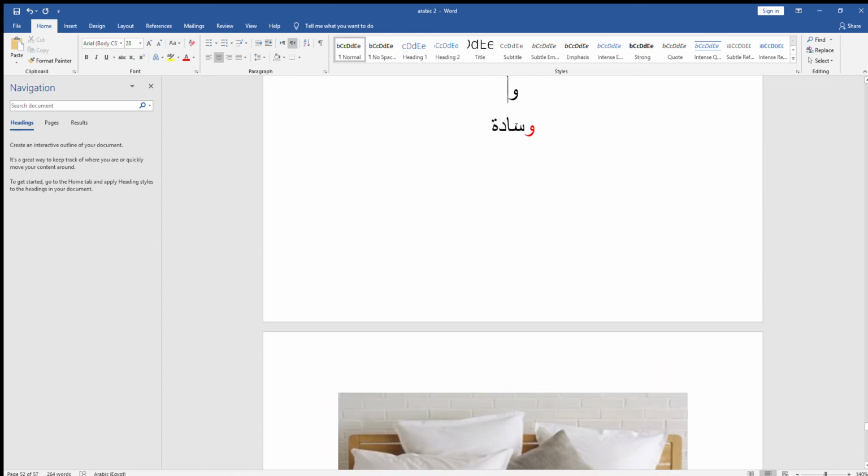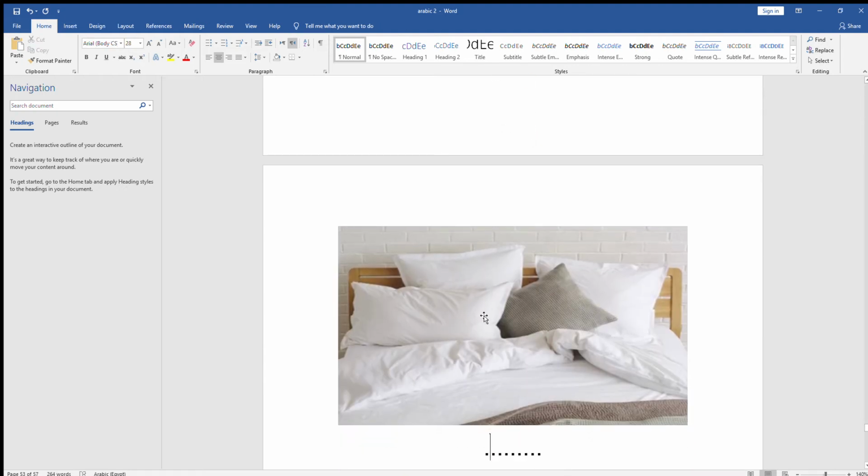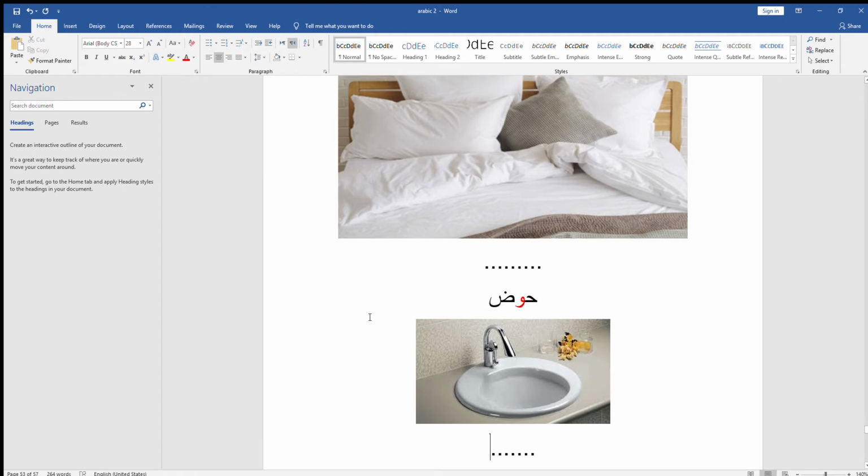واو at the beginning of word like وسادة. This is وسادة. واو between two letters like حوض.